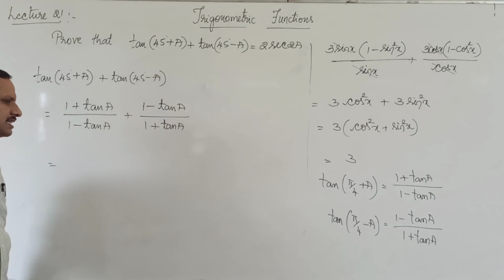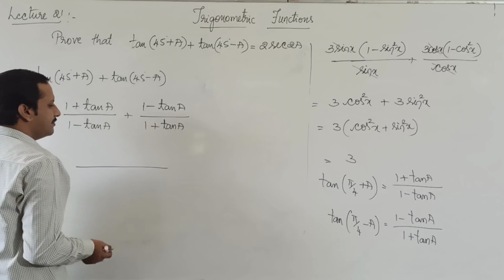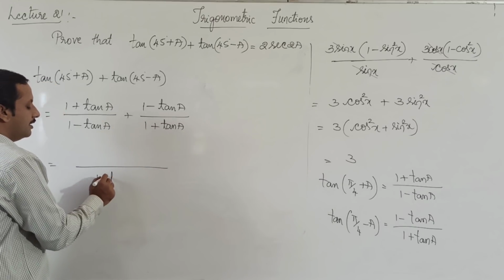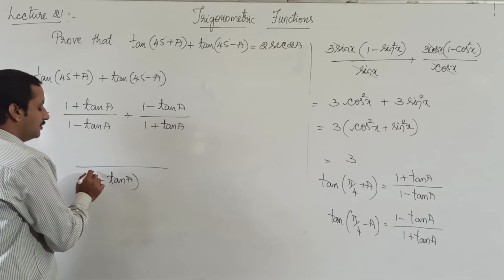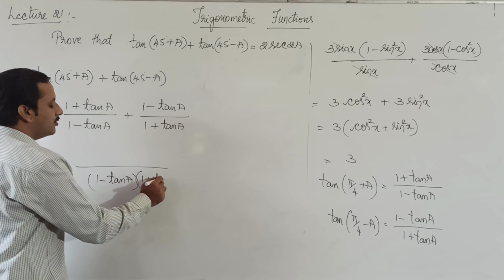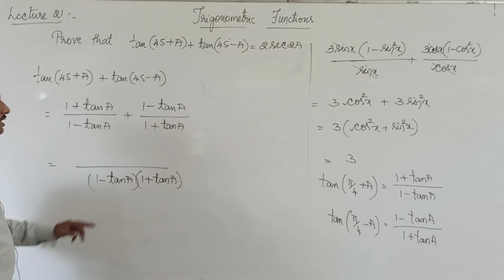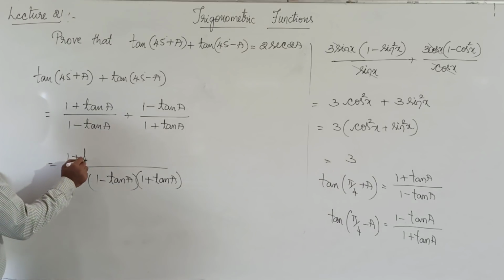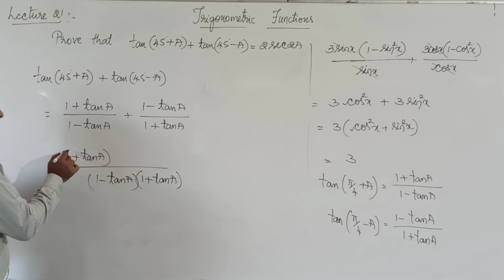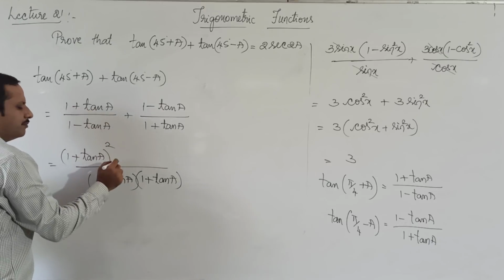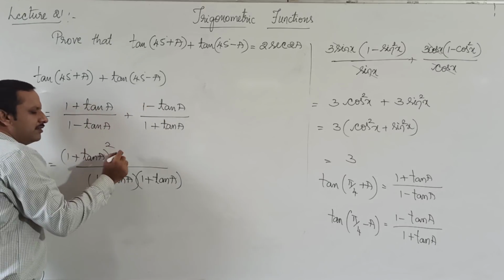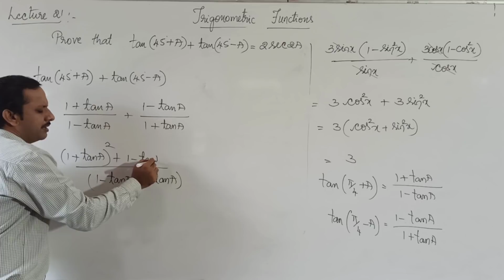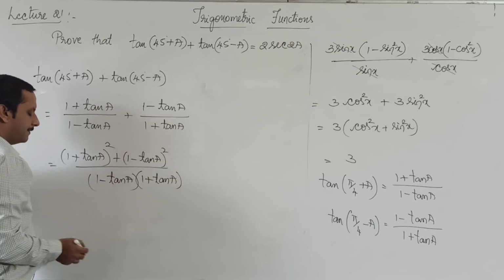So the numerator will become (1 + tan A) whole square plus (1 - tan A) whole square.